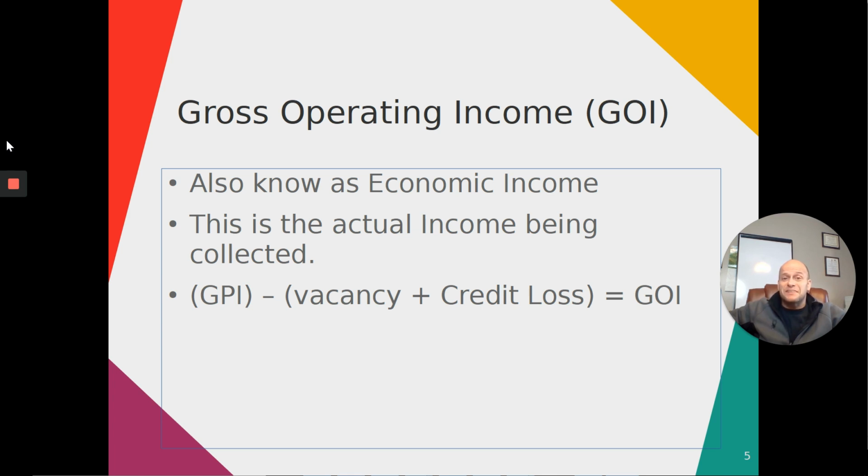Just because someone is living there doesn't necessarily equate to them paying rent. You could easily have a 95% occupancy, but only 80% of them that are living there are paying rent. So you really want to know what the GOI, or economic income, is. To calculate it, you add together the vacancy loss and the credit loss, then subtract that number from the gross potential income, or GPI.